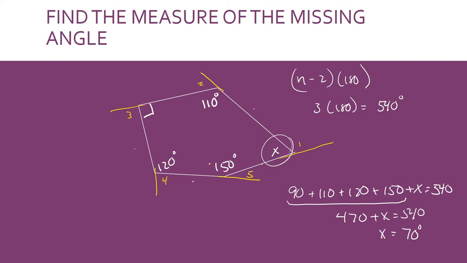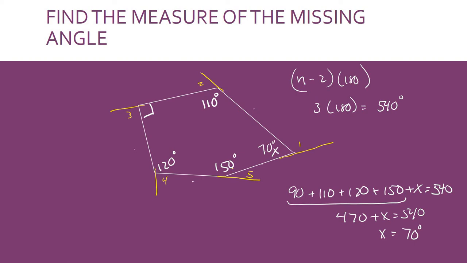Now, we already figured out that this missing angle was 70 degrees. So I'm going to put in place of that, we'll say that this equals 70 degrees. Pause the video and find each measure of these exterior angles. Remember, you've got a lot of linear pairs here.